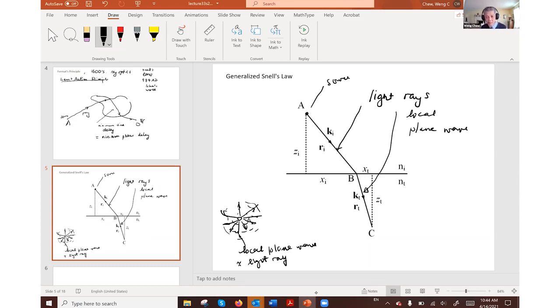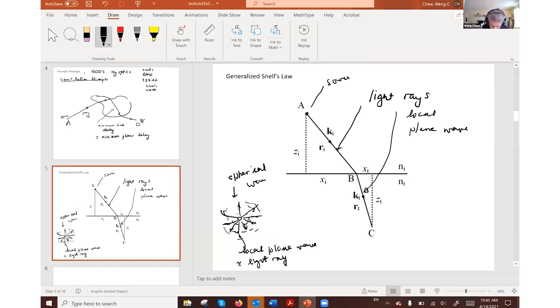So when you see a locally plane wave traveling to you from a point source, which is actually in terms of a spherical wave, you can call that a light ray. And then the phase delay that it gets from A to B can be written down rather easily. And then the phase delay from B to C can be written down also rather easily. Let me write them down for you next.